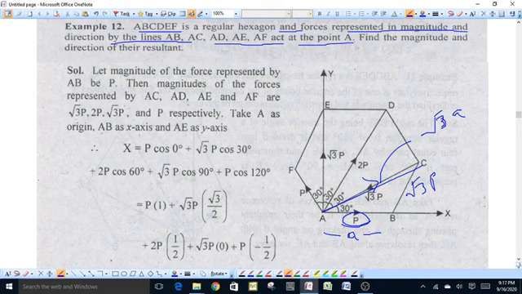We have already discussed the facts about the regular hexagon. Then AD will be 2a, and AE will be √3a.